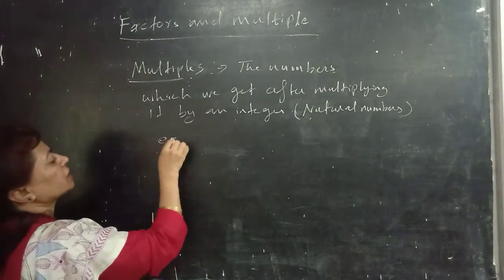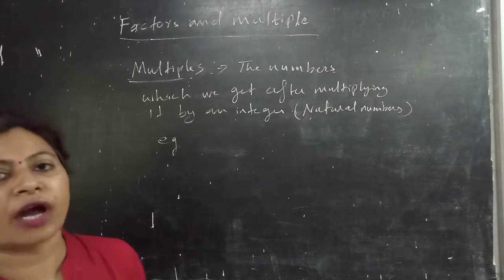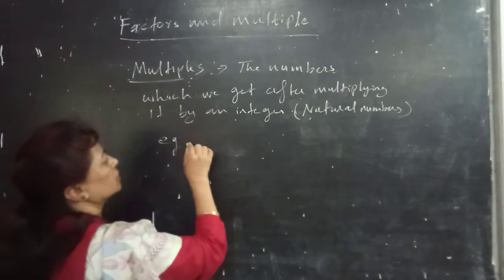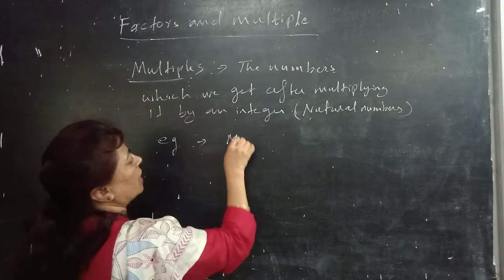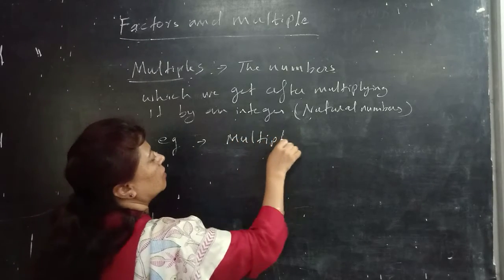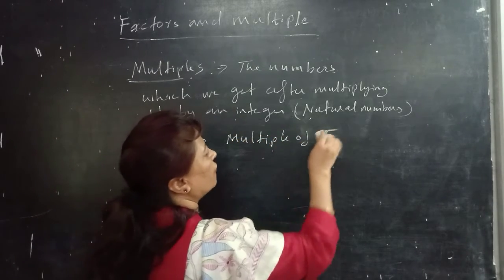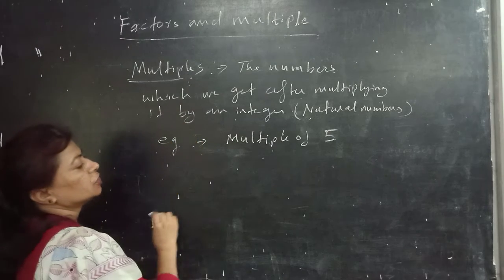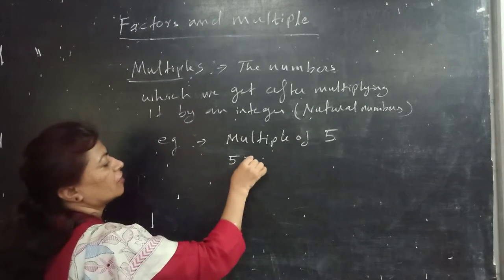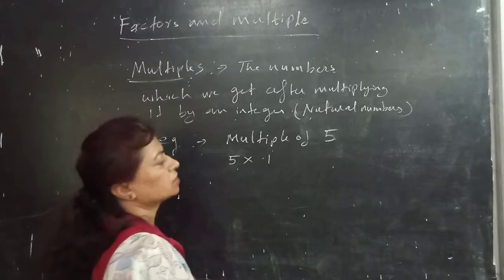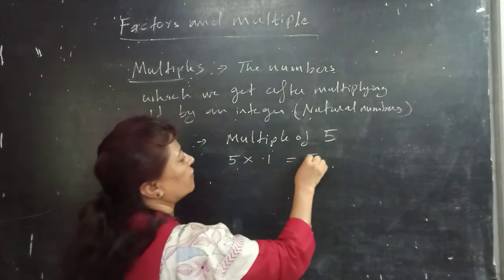So let us take an example. Suppose we have to find the multiples of 5. If we multiply 5 by the number 1, we get 5.